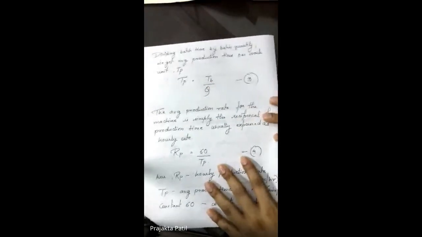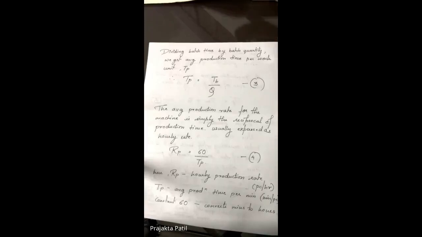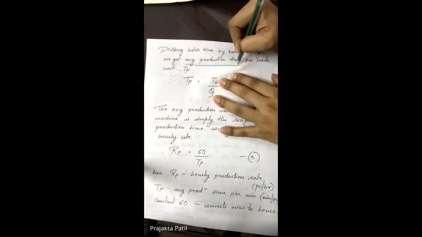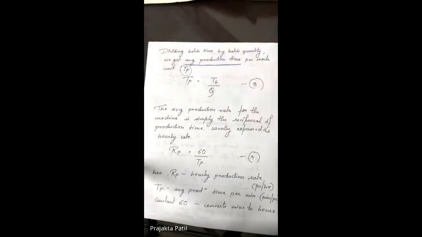Okay. Moving on. After we get the batch production time, next we want to get the average production time. Average production time is denoted by TP.